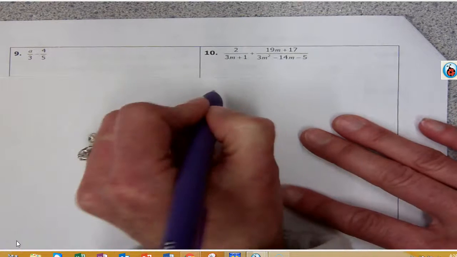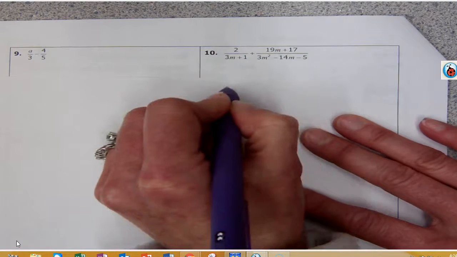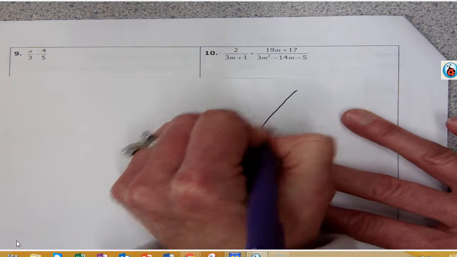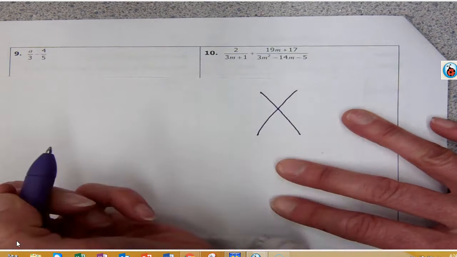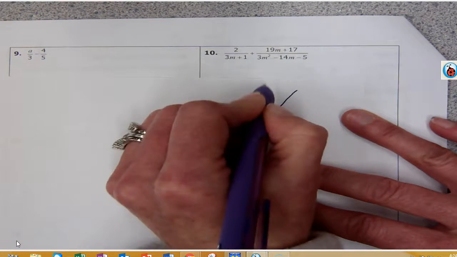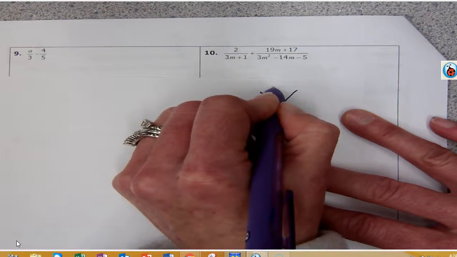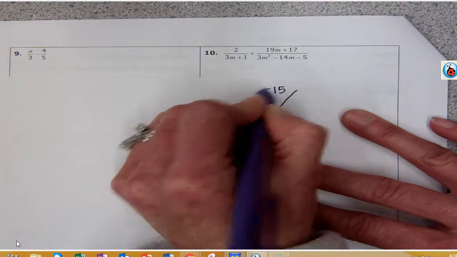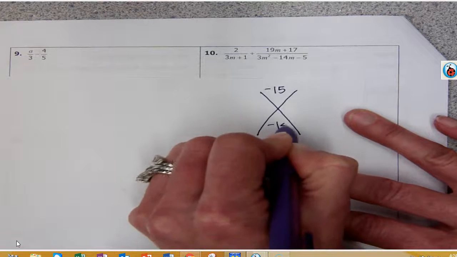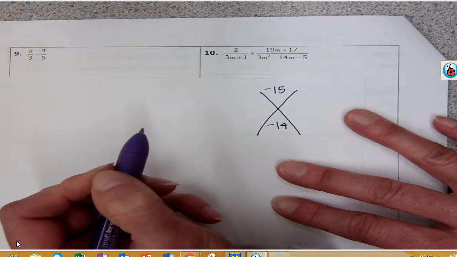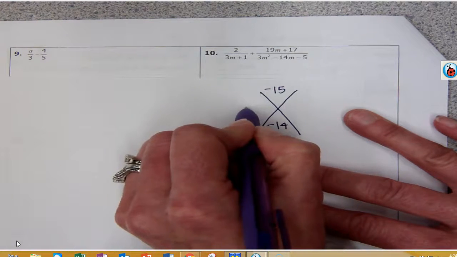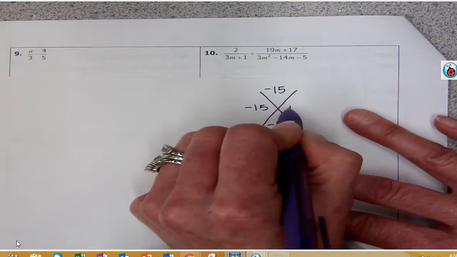So I'm going to first factor 3m squared minus 14m minus 5. And I'm going to use my big X. So 3 times negative 5 is negative 15. Negative 14. The two numbers that are going to multiply and give me that are going to be negative 15 and positive 1.